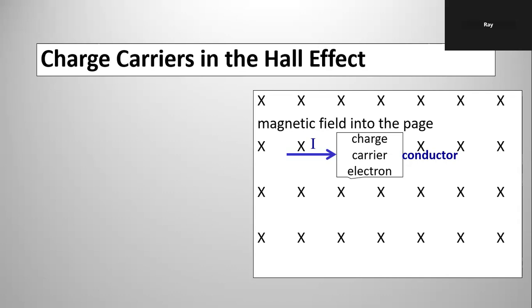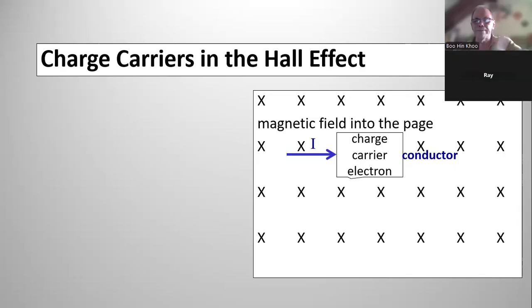Force is the thumb. Is it up? Yes. So which side is negative? The force is acting on the charge carrier, so the top must be negative. It's deflected by the magnetic field.